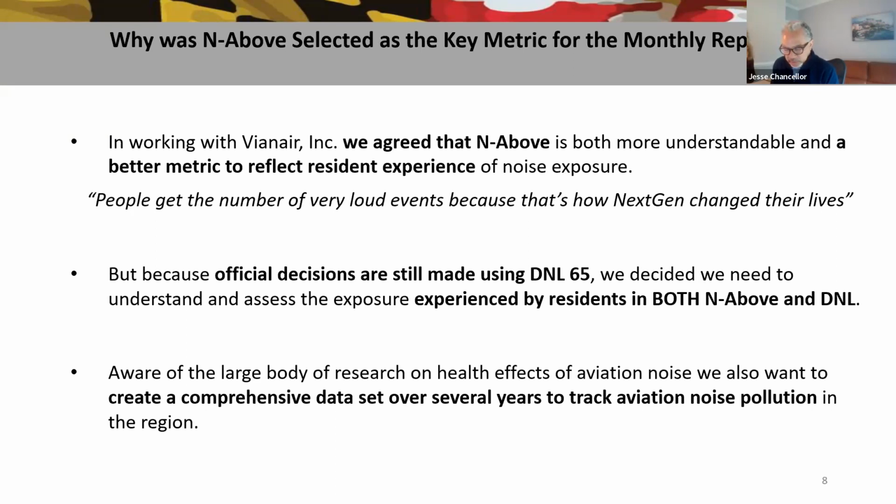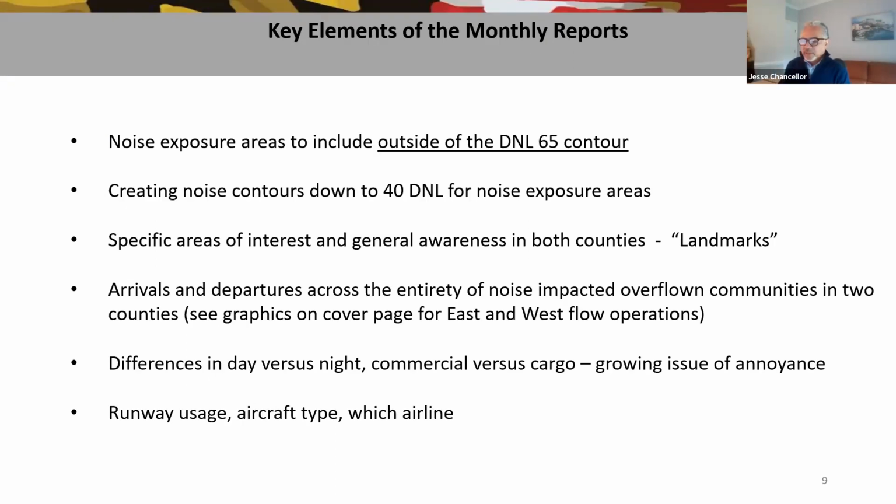And the last point on this page is that we also initiated the report to keep a comprehensive record of operations and pollution to aid in future public health research. Jim's going to cover the key elements of our reports in his slide, so I'll only emphasize the first 3 points here. We go beyond the 65 DNL, which is pretty small and pretty meaningless.